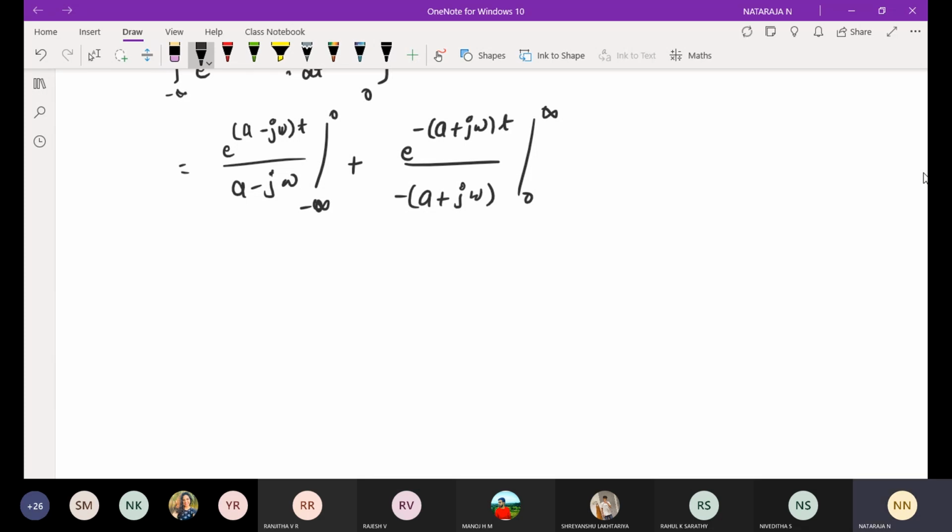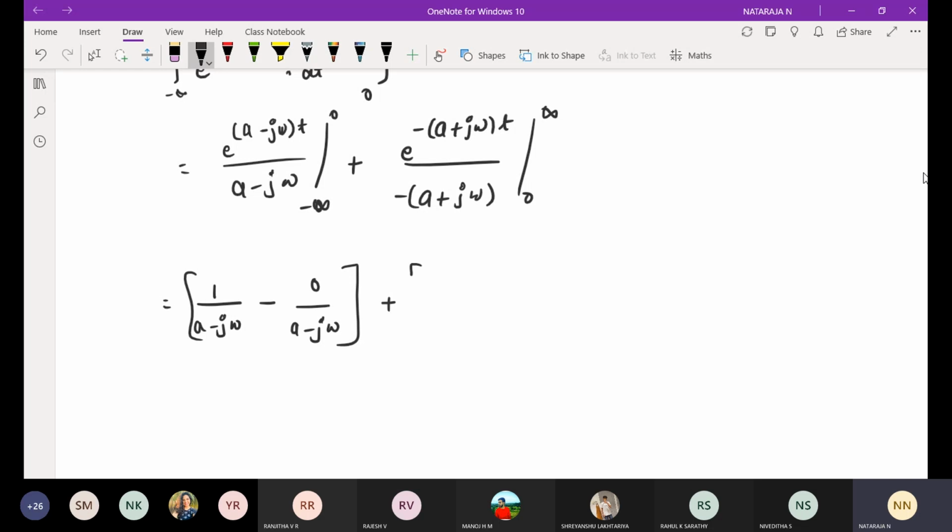If I apply the upper limit, e power 0 is 1, divided by a minus j omega. The lower limit, minus infinity, gives 0 divided by a minus j omega for the first term.